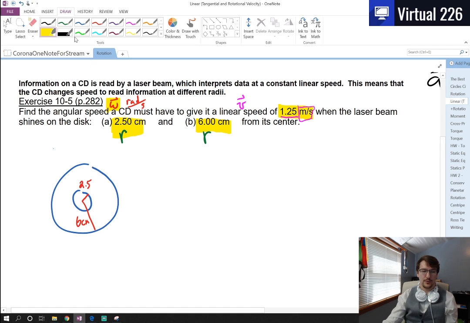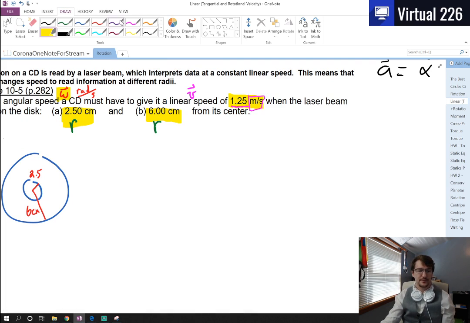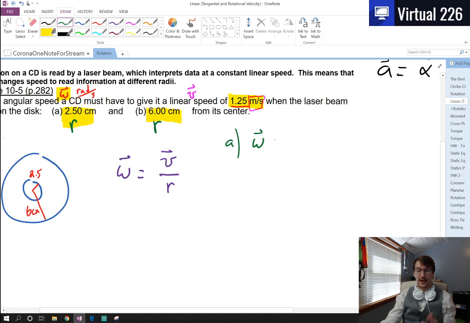We're looking for omega. Going back to what we wrote just up here, since we're looking for velocities, we can use this equation but solve for omega. If we solve that for omega, we find that omega equals that linear, tangential velocity divided by that radial distance. So for part A, that angular velocity is going to be 1.25 meters per second divided by the 2.5 centimeters, which is 0.025 meters.